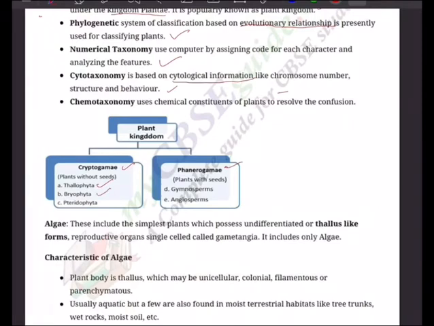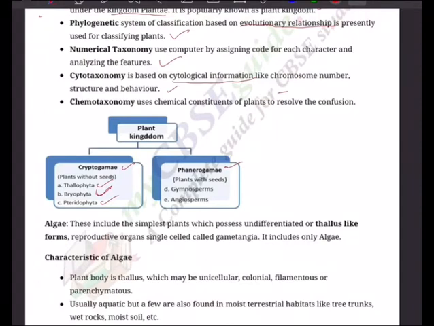Bryophyta. Remember we said bryos means dual nature. Phyton, plant. Plant having ability to survive on land as well as under the water. So we say Bryophyta, they are amphibians of the plant kingdom. This is the reason. And Pteridophyta, third group.